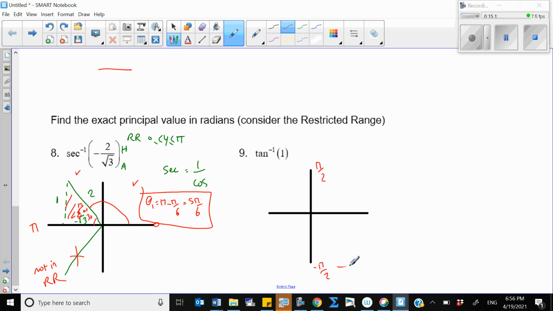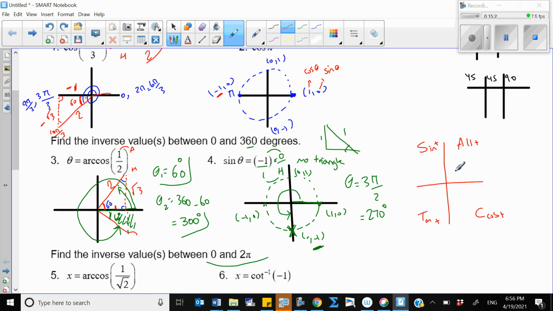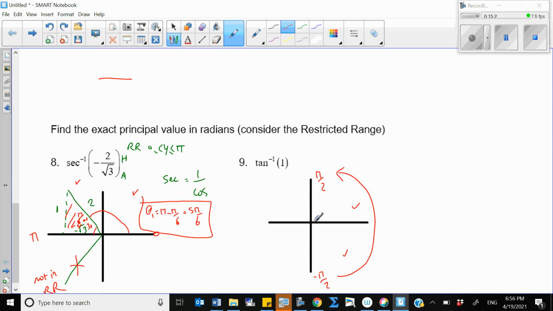For tangent, we only accept the angles that are in these two quarters. So this tangent is positive, and we know that tangent is positive in the first and the third one. So my angles should be either here or here, but we don't take this one because it's not in the restricted range. So we only take this one, and I'm going to leave finding this angle for you.